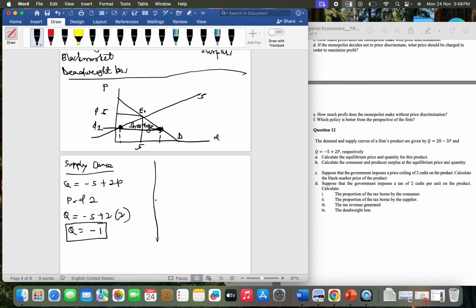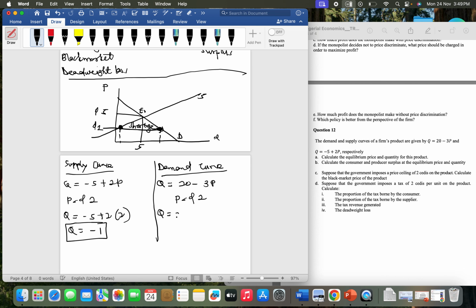Now we also try for demand. The demand curve was Q equals 20 minus 3p, where p was given as 2.